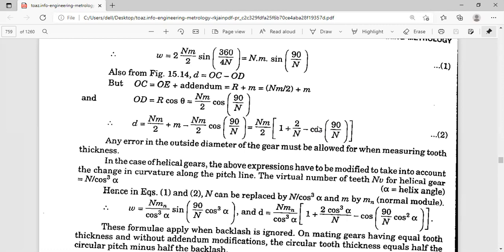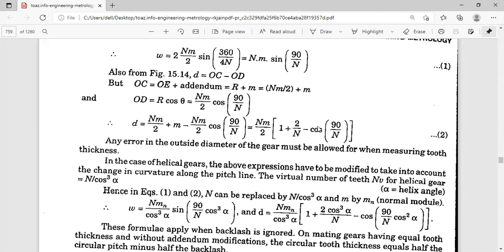Whenever you are measuring so many components with the vernier caliper, apart from gears, or in the industry there may be other standard mechanical components, there's wear and tear of these measuring jaws. So time and again you have to go for calibration. If the jaws are worn out, you will not get accurate measurement.